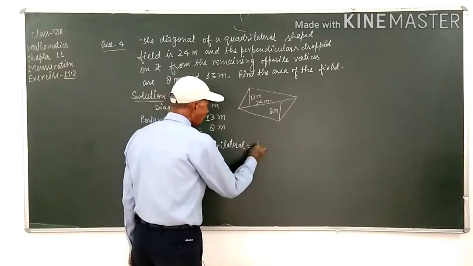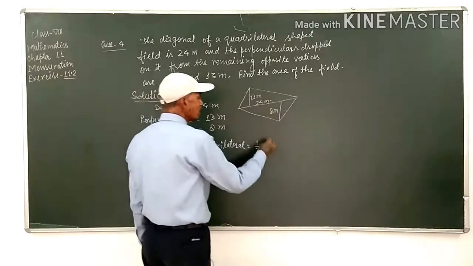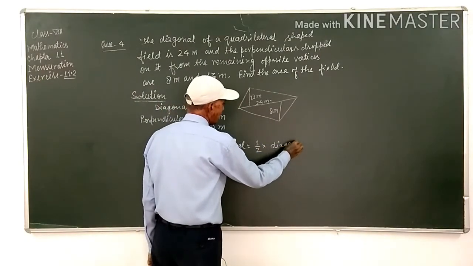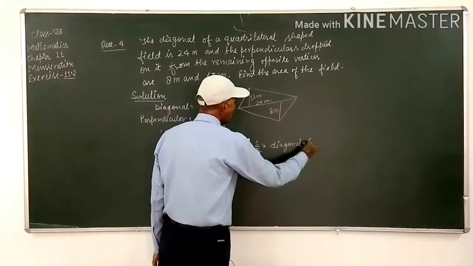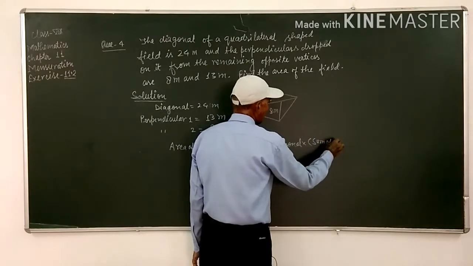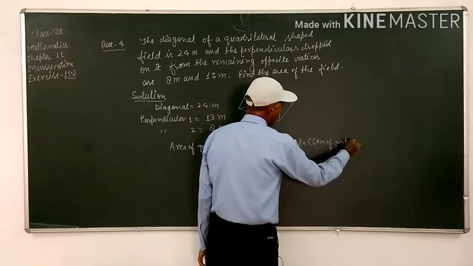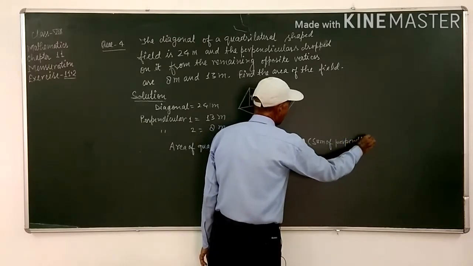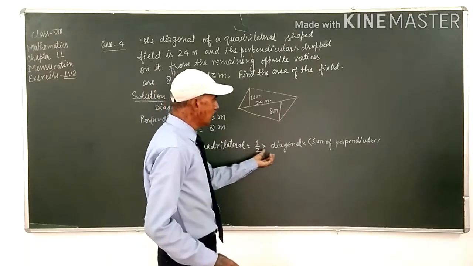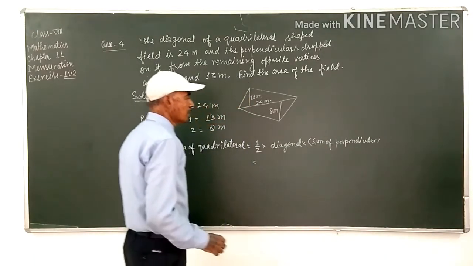is equal to 1 by 2 into the diagonal into the sum of the heights, that is the perpendiculars. This is the formula: 1 by 2 diagonal into the sum of the perpendiculars. Clear, student?